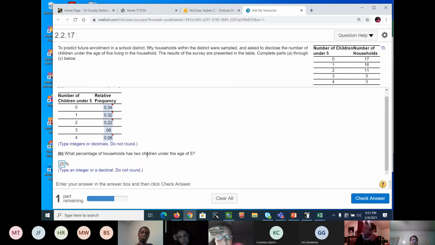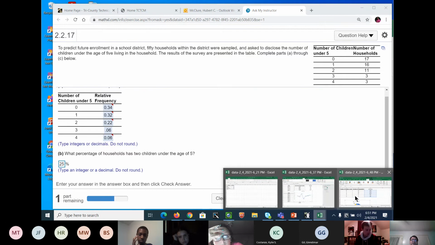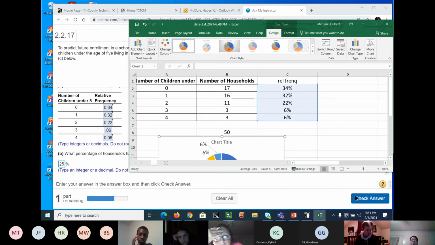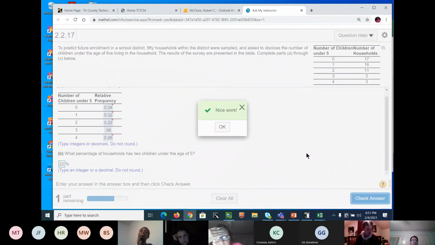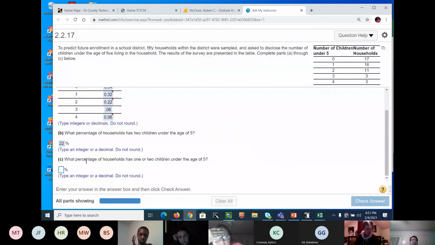Okay. And what percentage of households has 2? So go back to your table, which has 2? 22%. So you type in 22% and you hit check answer. What percentage of households has 1 or 2 children under the age of 5?